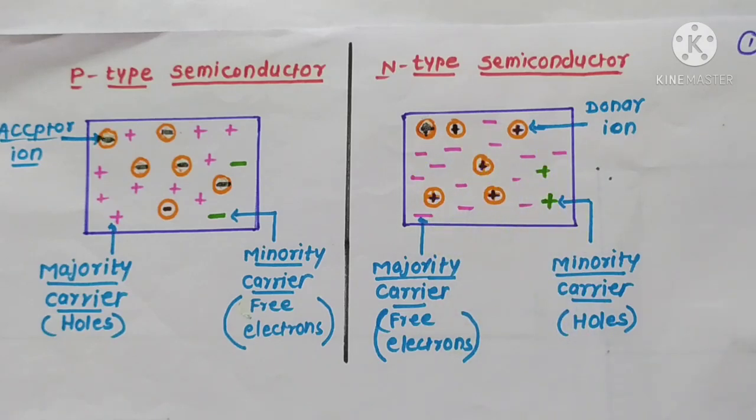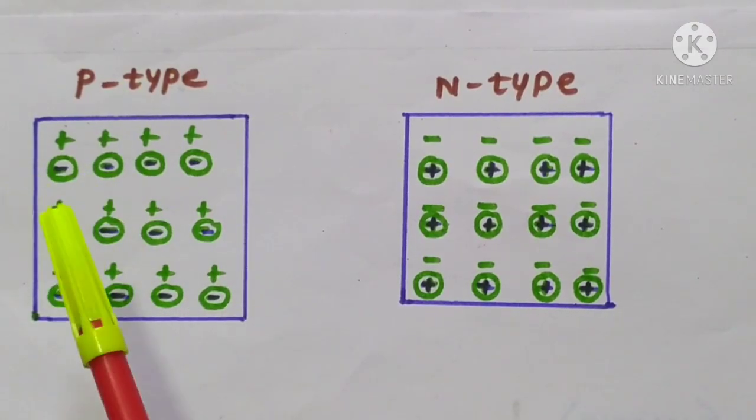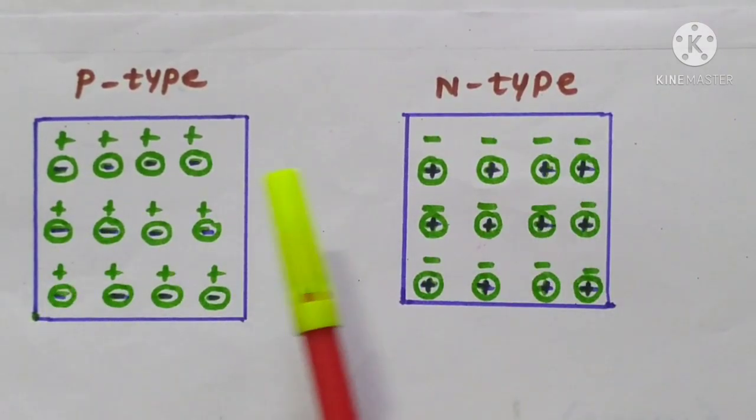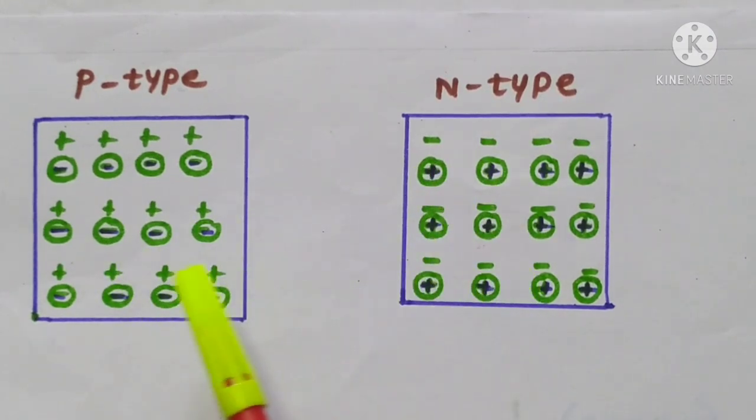Okay students, now this p-type and n-type semiconductor act like a resistor, but when we add these two impurities to a pure silicon crystal or germanium crystal on both sides, then we get a new device.